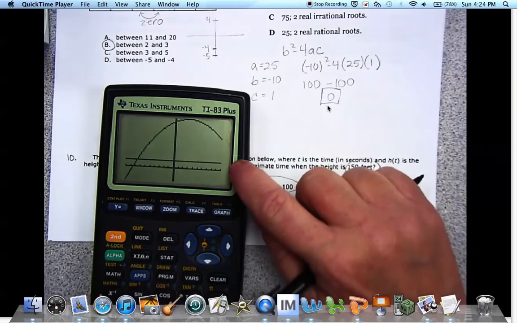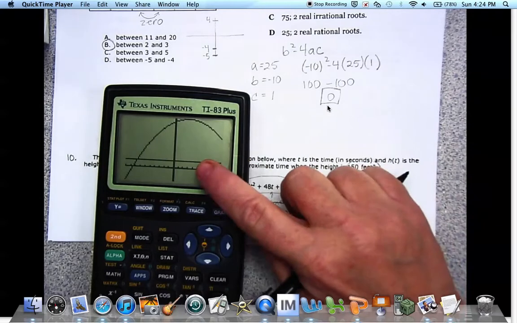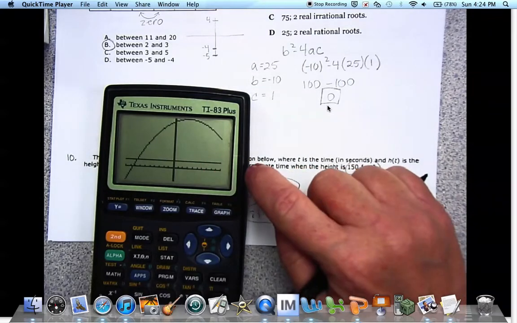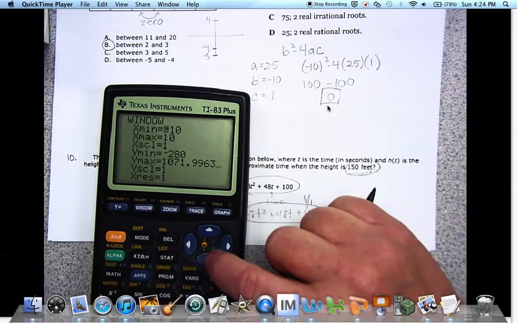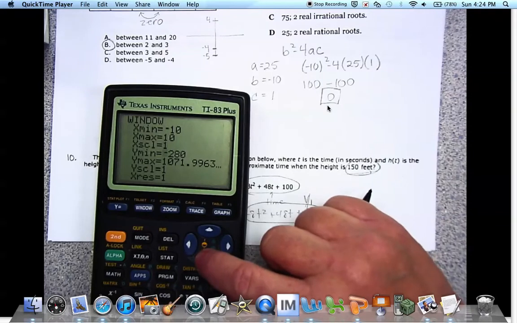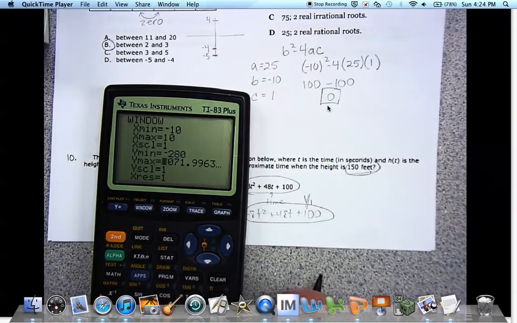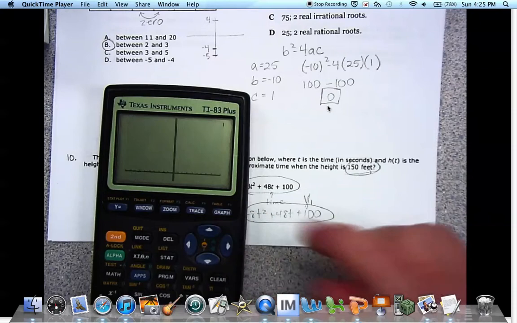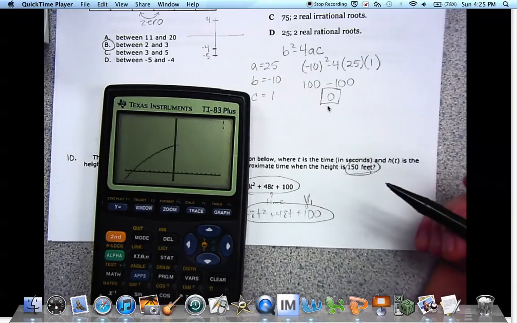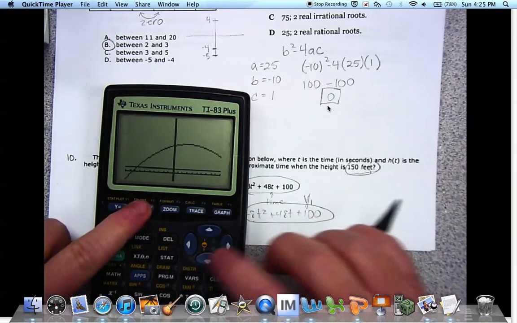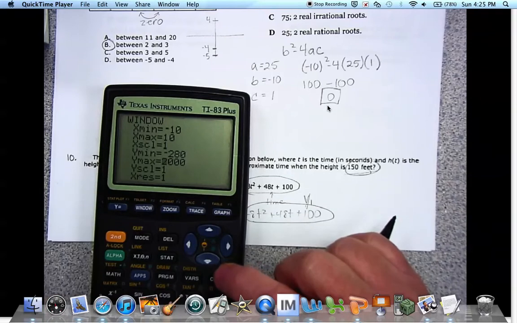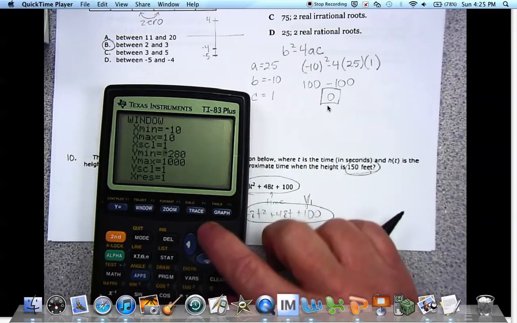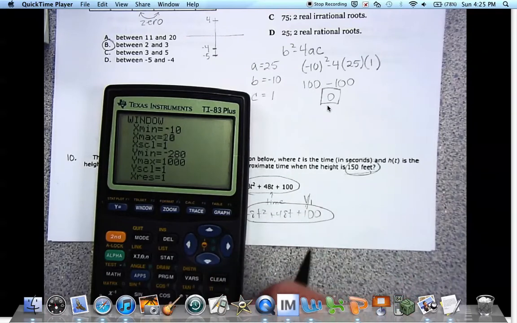We need to be over here, so I need to make my X max larger. I'll go to Window, X max, and make it 2,000 instead of 1,000. That didn't work, so that was Y max. Keep that one, and make this 20 instead of 10.